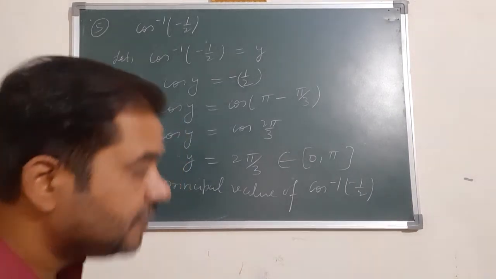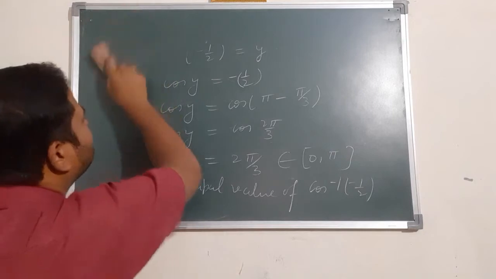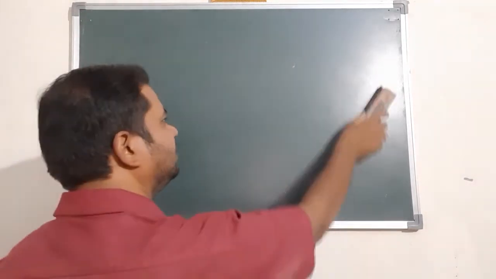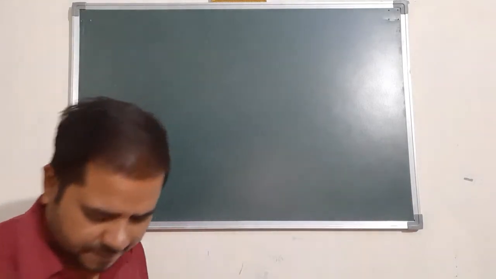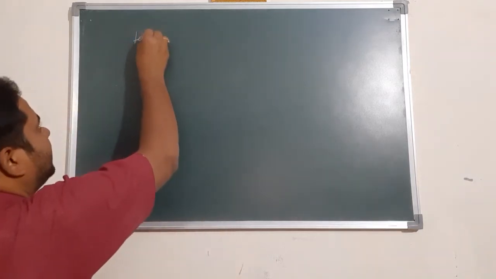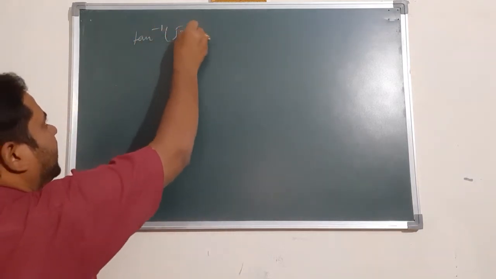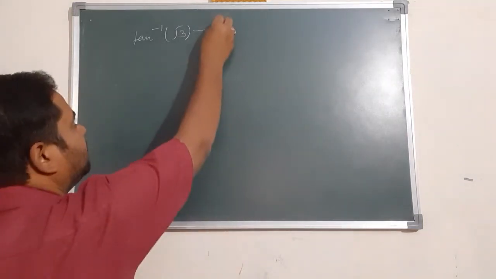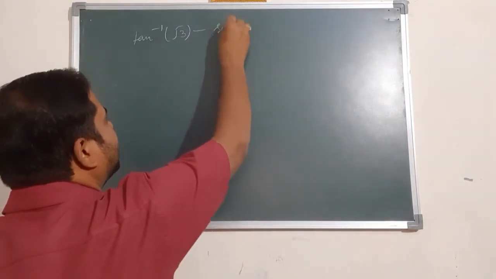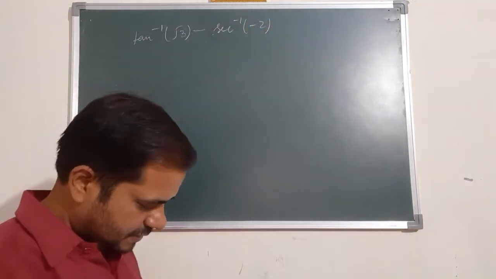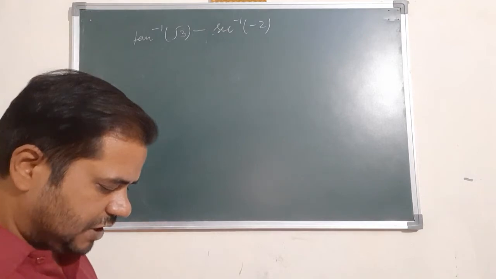See question number 14, an optional but important question. If tan inverse root 3 minus sec inverse of minus 2 is equal to, there are options.